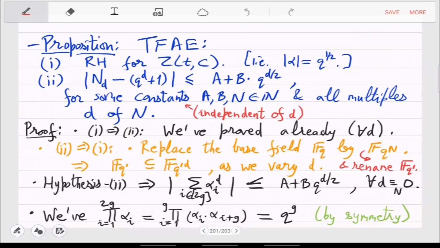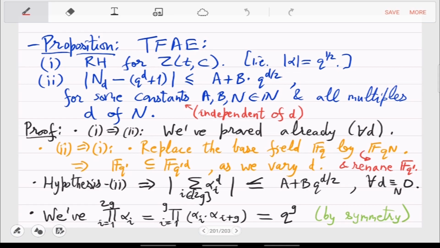No, these hypotheses are to take the summation of alpha to the d to show that it is less than a plus b, q raised to d by 2. So those alpha come from the bigger curve. Yes, but when you change the base, alpha i will become alpha i to the n.